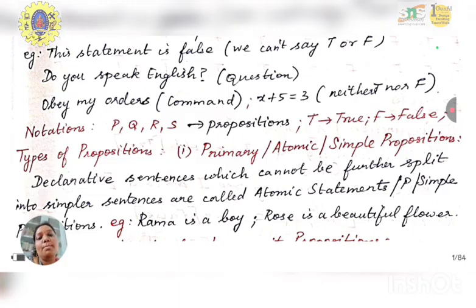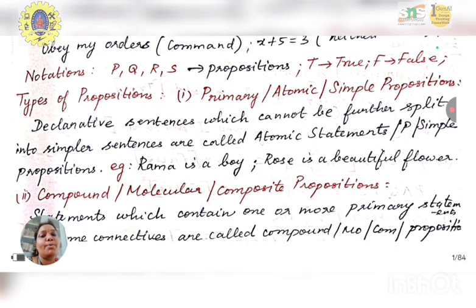So Rama is a boy, there is a subject and then it's a boy. Rose is a beautiful flower. So these are simple sentences. A primary proposition or simple proposition is a simple sentence.